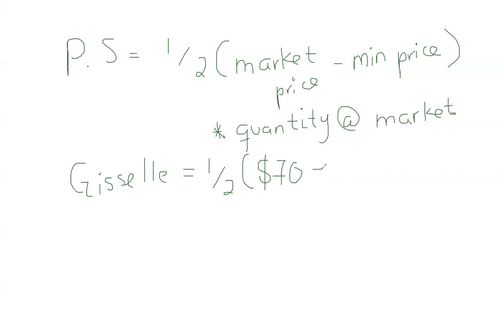Well, it's the price at which Giselle's first point is basically zero, where she's willing to sell nothing. So we have 40 in that sense. All times 15, because that's the quantity Giselle is going to offer at $70. Okay, if you do your math right, you should get $225.